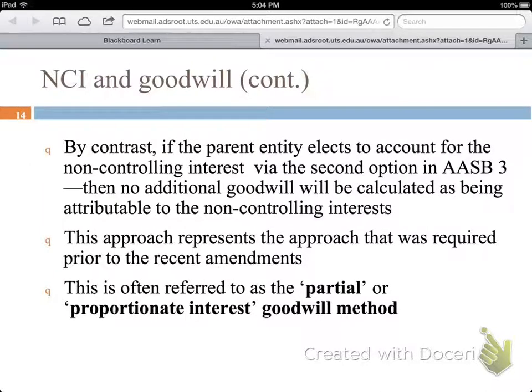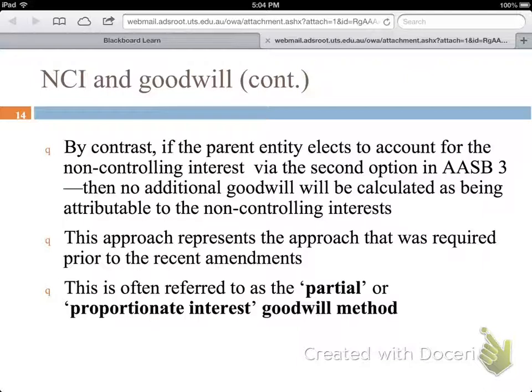Let's compare this with the proportionate method. Under the proportionate method, no additional goodwill will be calculated as being attributable to the non-controlling interests. This approach represents the approach that was required prior to recent amendments to the accounting standards. This is often referred to as partial or proportionate interest goodwill method.